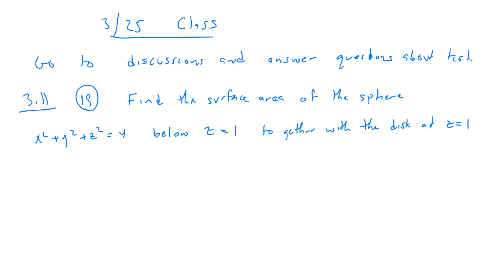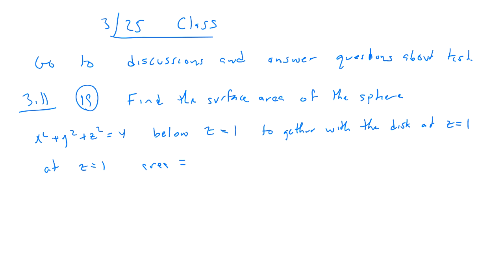But that's kind of silly, because for that we don't need an integral. So I'll just do that now and then we'll do the part that really matters. At z equals 1, of course, we get the circle x squared plus y squared is equal to 3.